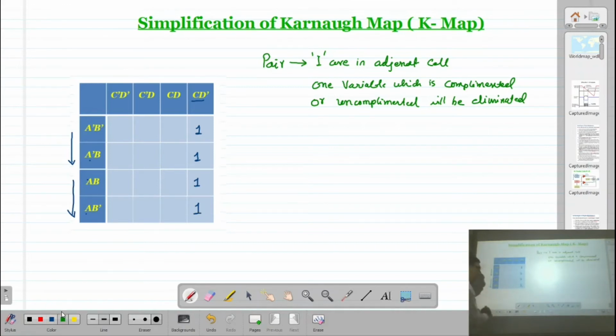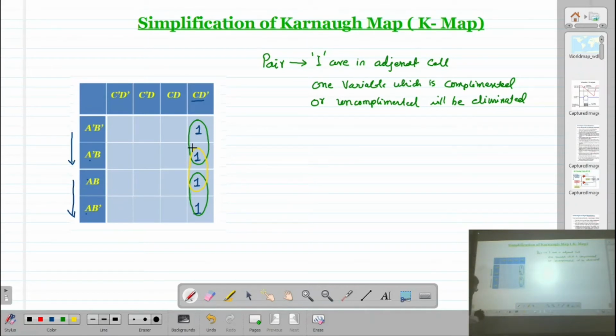So one of the pairs is this, another pair you can mark this one, and one more pair is there. But this pair you should not mark, because here whatever the high levels are there, they are already occupied in some of the pairs. So again, unnecessarily, we should not group that pair.